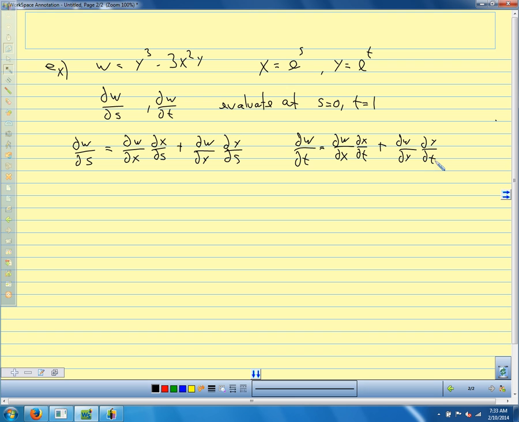So we need to calculate our partials. We'll need our partial with respect to x and partial with respect to y of w for both of these, and then we need our partials of x and y with respect to s and t.